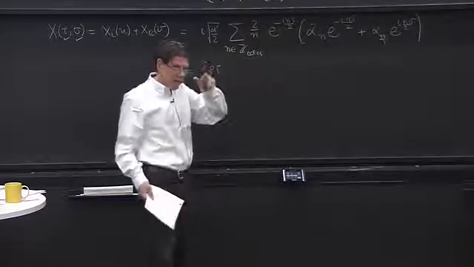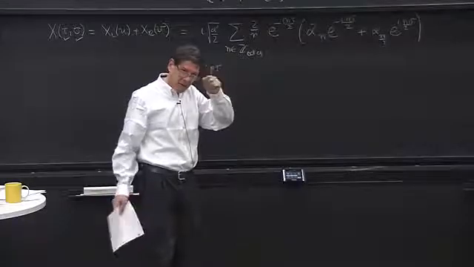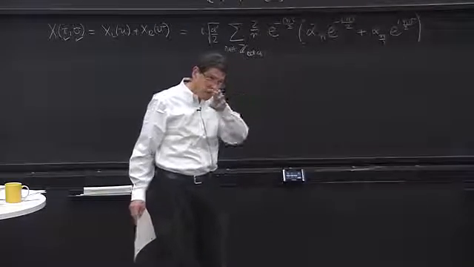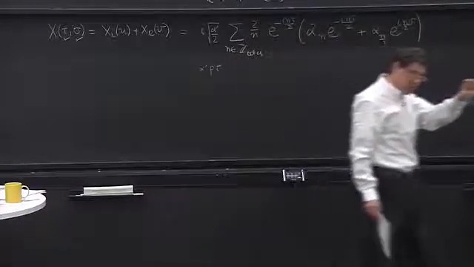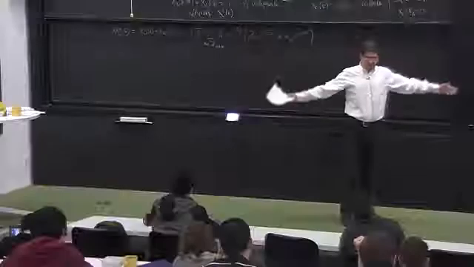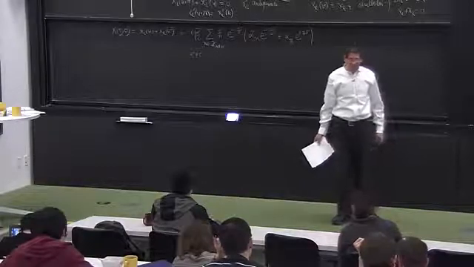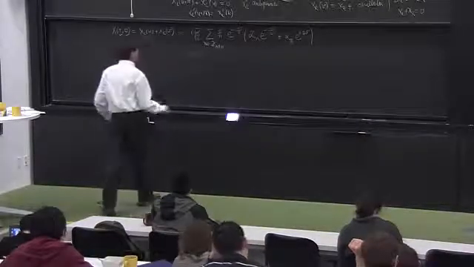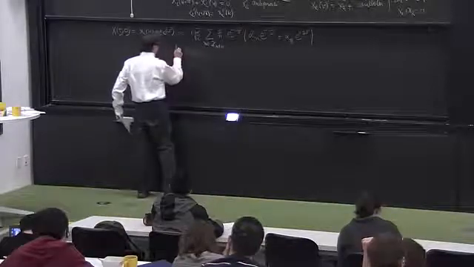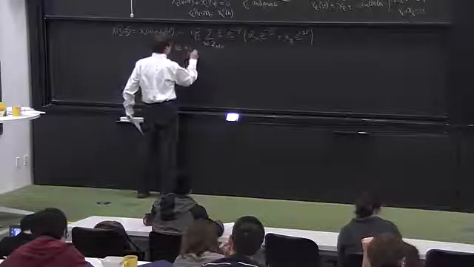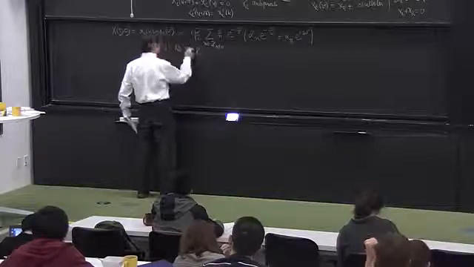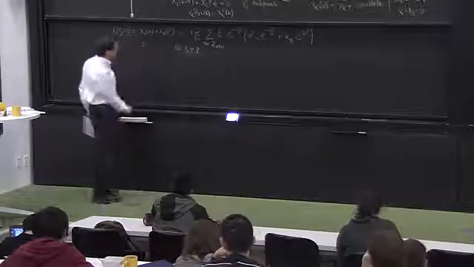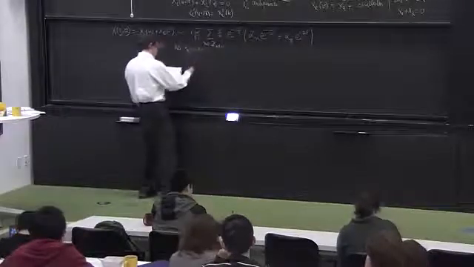A free string in a twisted state of the orbifold cannot have momentum in the orbifold direction because it would just start moving in that direction forever, and that is impossible. So no x or p. No x0 or little p. That's very nice.